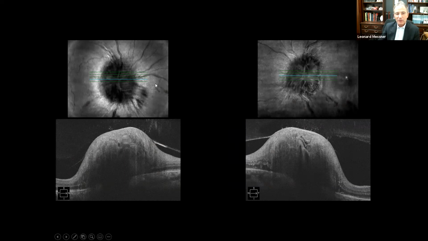And the other thing that you can see is that when we take a cut through the area of the optic cups, we can see that it is obliterated. This is axoplasmic material that is simply left behind, and it's accumulating within the optic nerve.